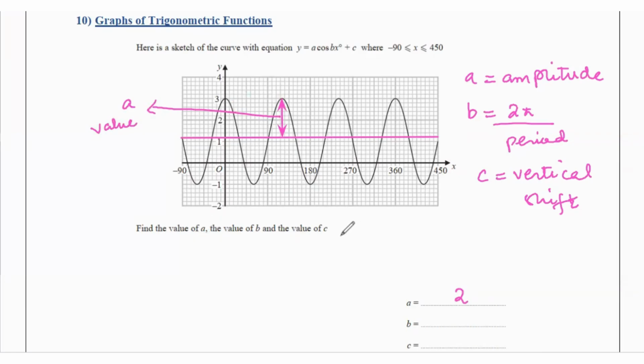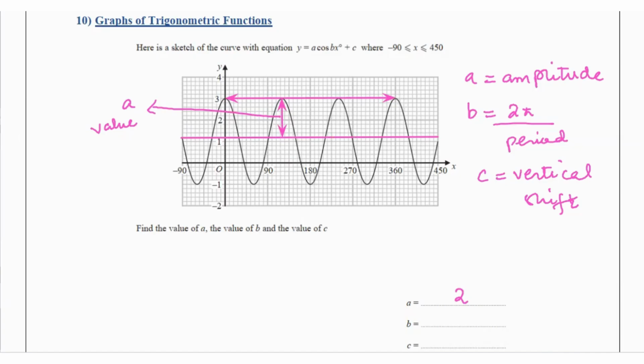So now for the value of b, we need to determine what is the period of the graph. Normally in a cosine function, your full wave is between 0 to 360. However, over here, if we go from 0 to 360, we can see that we have 1, 2, and 3 complete waves.